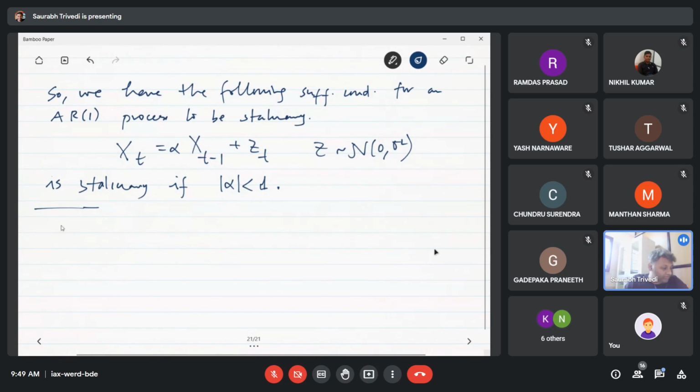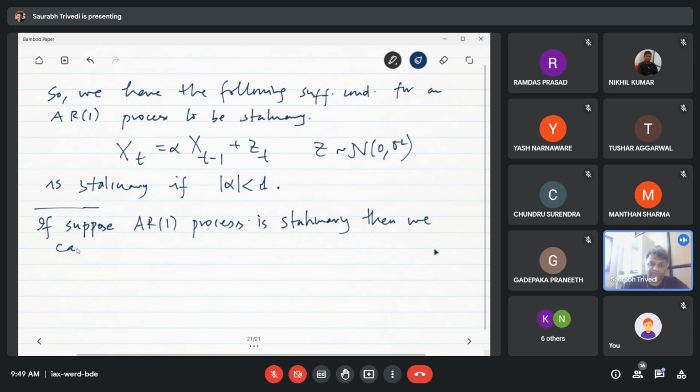Let's see how we can do that. So suppose we somehow knew, I'm assuming that the time series is stationary. Suppose the AR1 process is stationary, then we can find the ACF directly from the definition.